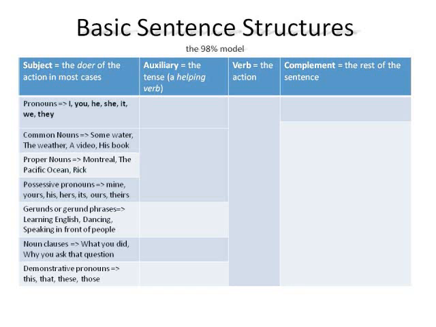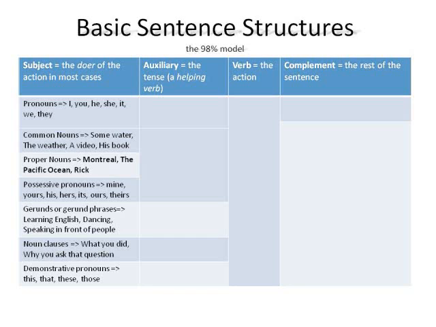Now the subject can be divided into subdivisions if you wish. You've probably seen these before. For example, the pronouns such as I, you, he, she, it, we, you, they. Common nouns: some water, the weather, a video, his book.